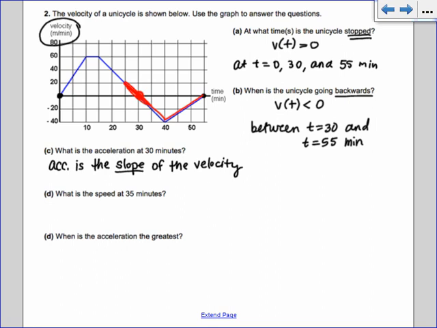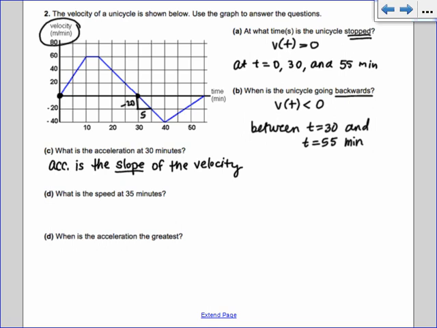A lot of people think it's just -1 actually. They think it goes down 1, right 1. What is wrong with saying that it's -1? It's not -1. Nick, what do you think? It's not a 1-by-1 grid, and that will often happen, right? So you have to kind of count. If I am trying to find the slope of this line right at 30, I'm going to go down, it looks like 20 units, and I go over only 5 units.